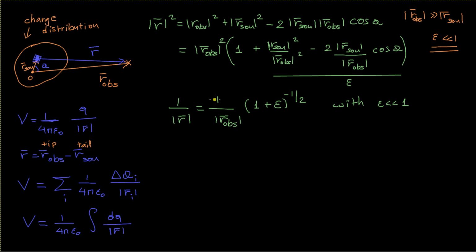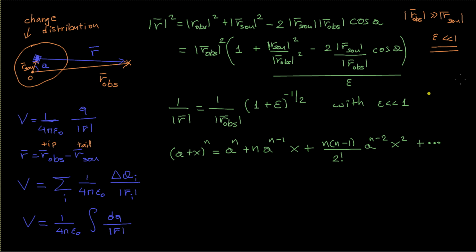This gives me 1 over r equals 1 over r_obs times 1 plus epsilon to the power of minus 1 over 2. And as I said, I have epsilon much less than 1. Now, when epsilon is much less than 1, I can do an expansion.